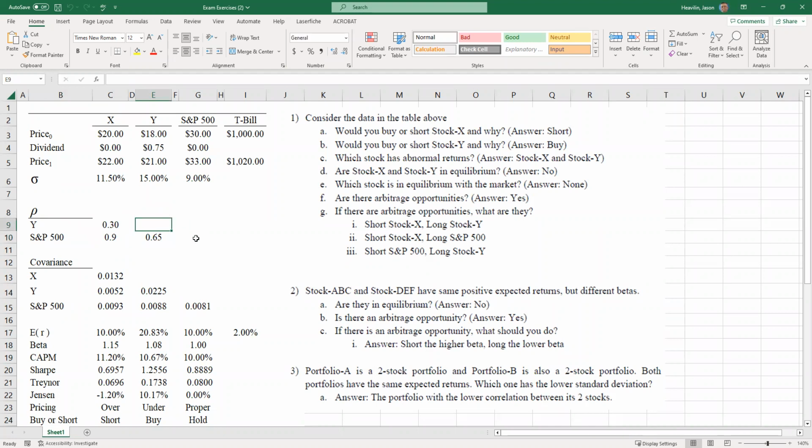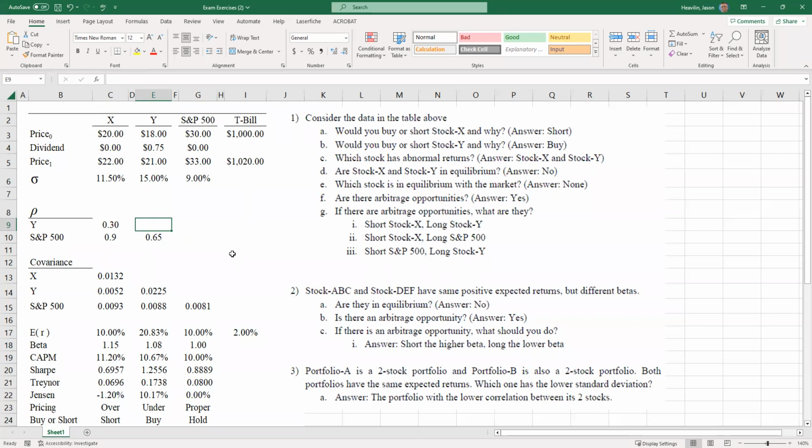The reason these other ones are blank is because if you do correlation of Y and Y, it would be 1. If you do correlation of X with X, it will be 1. If you do correlation of S&P 500 with S&P 500, 1. The correlation of an asset with itself is 1, because it's the same asset moving the same direction.